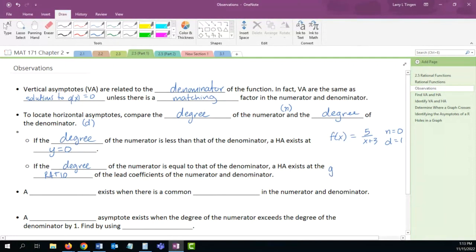So we saw this: 2x minus 3 over 5x plus 4, horizontal asymptote, the ratio of the leading coefficients. Why is that? Because as x goes off to positive infinity, my numerator is going to head toward 2, my denominator is going to head toward 5. So where is this going to end up going? 2/5.